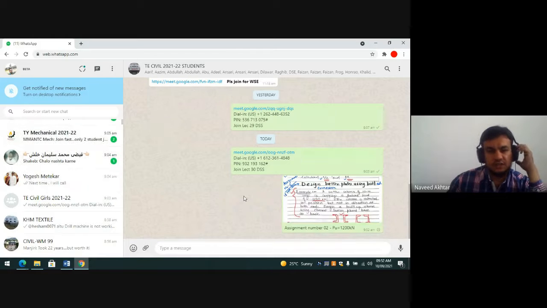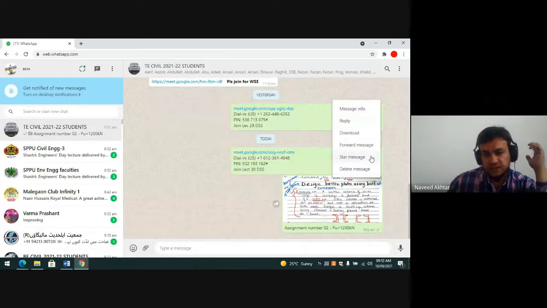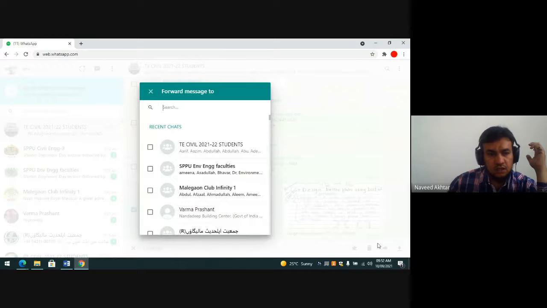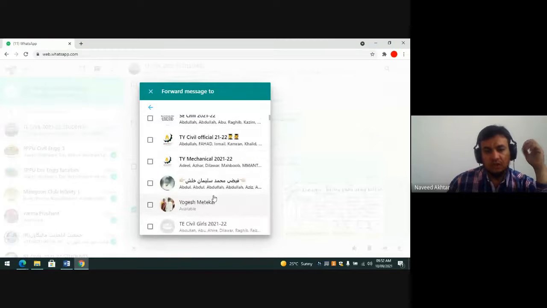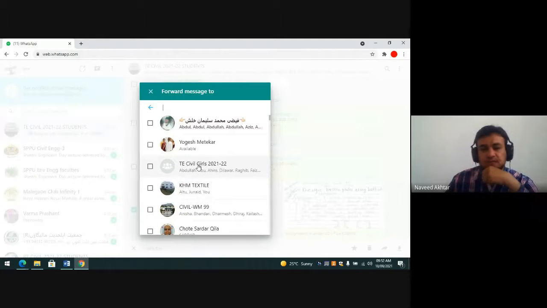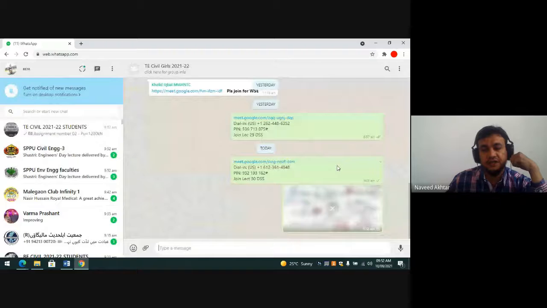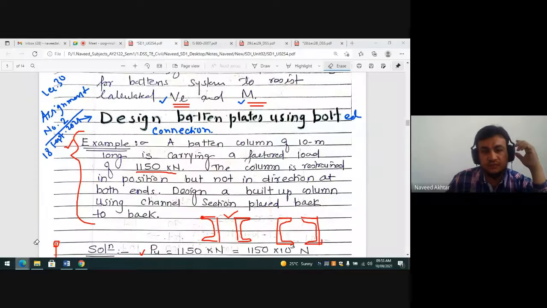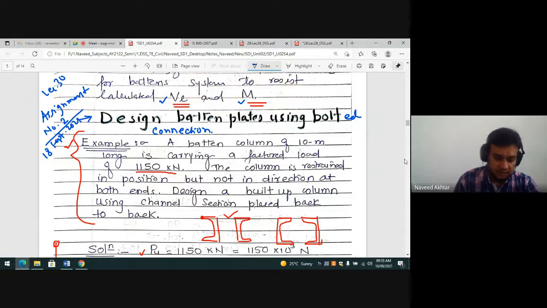But you will take the PU as 1200 kilonewton in place of this. So for assignment number two, the PU will be 1200 kilonewton, and do all the calculations for designing the battens.